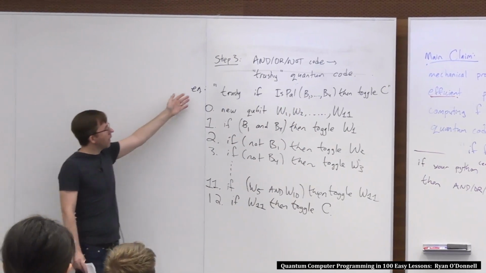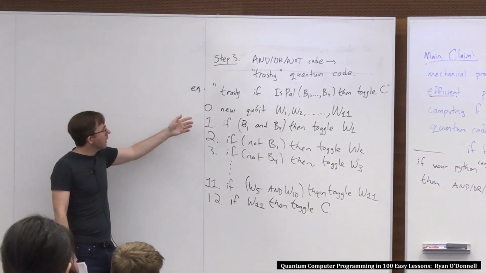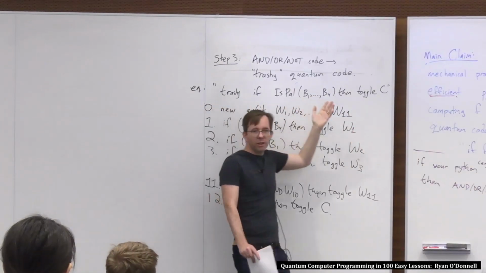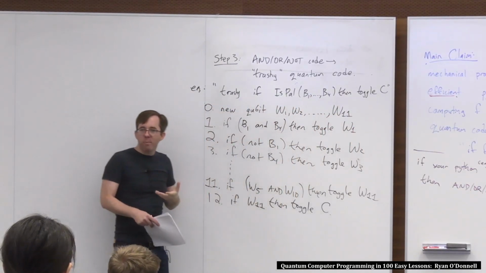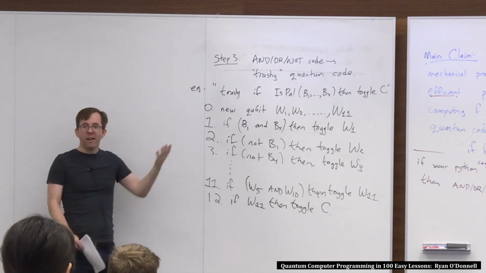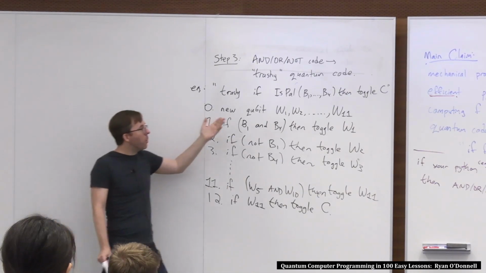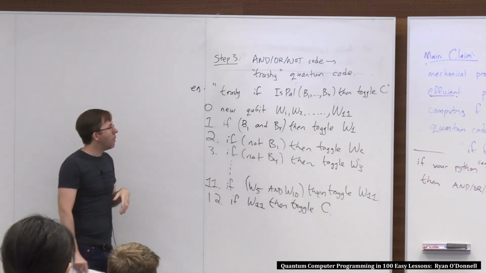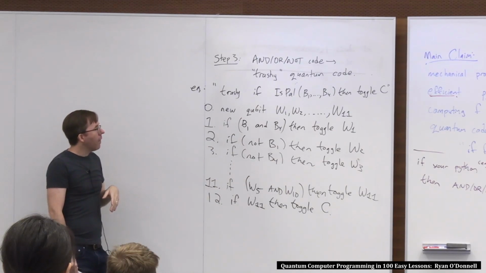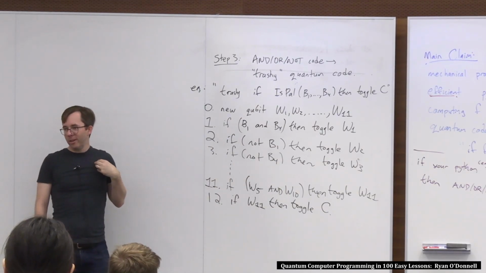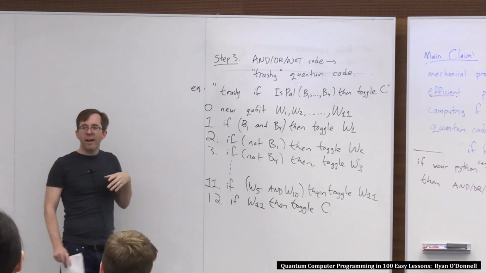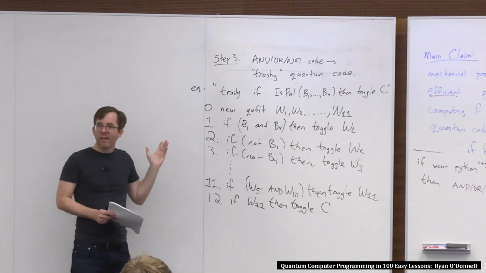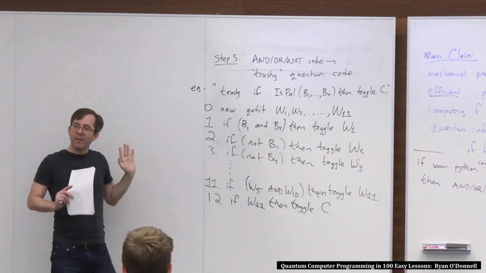So when you're doing regular computer programming, indeed, if you're trying to compute a function, you very often make new variables, or I'm going to allocate some memory because I need more space to do some intermediate computations. And then if you're a very polite programmer in your subroutine, you will free that space at the end and be like, you know what, I used this, but now I don't need it.